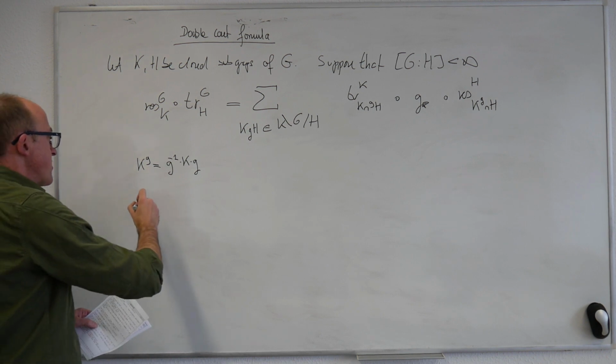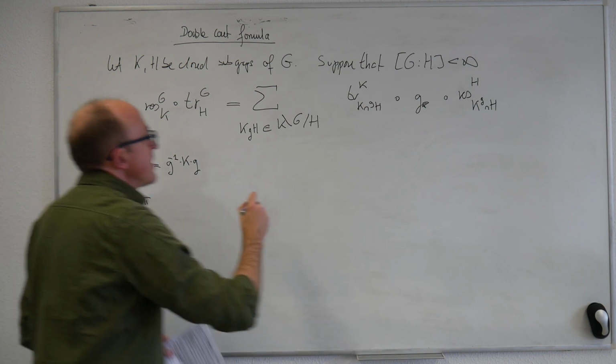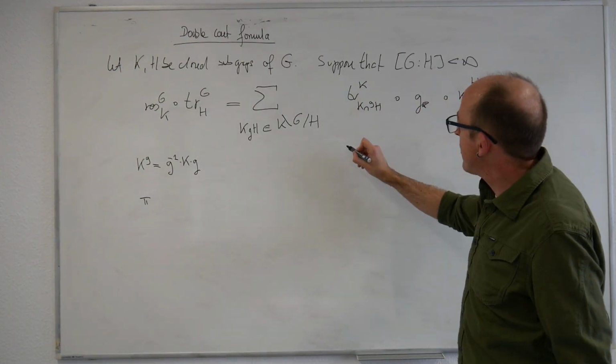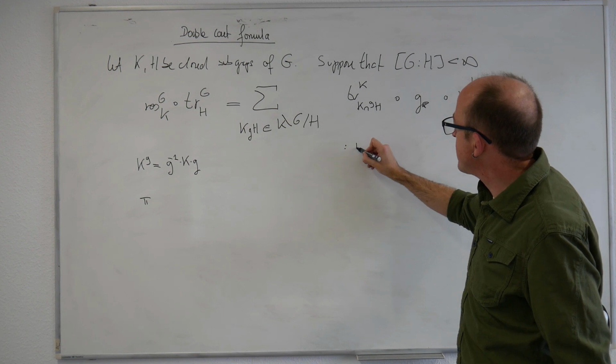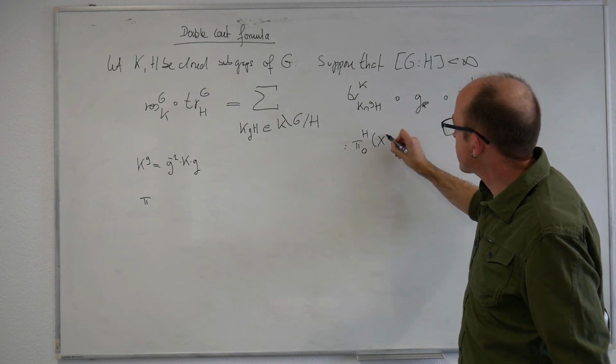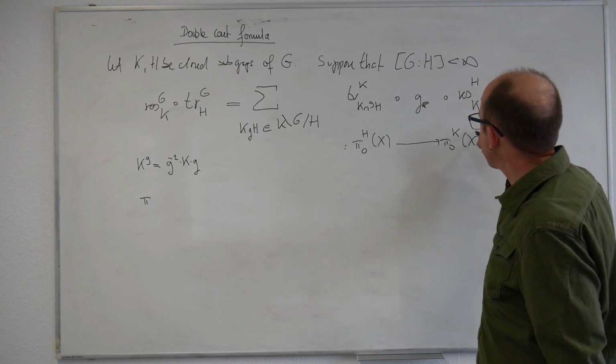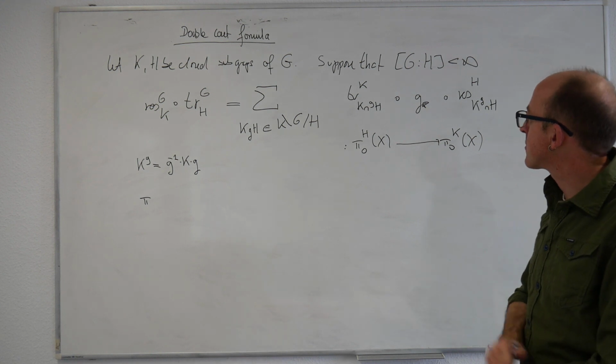And it's the following composite. So we can start from, well, let me do this maybe just on zero equivariant homotopy groups. So this is a relation as maps from pi 0 H-equivariant of X to pi 0 K-equivariant of X, where X as usual is an orthogonal G-spectrum.